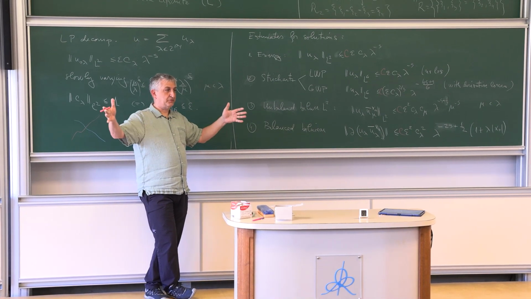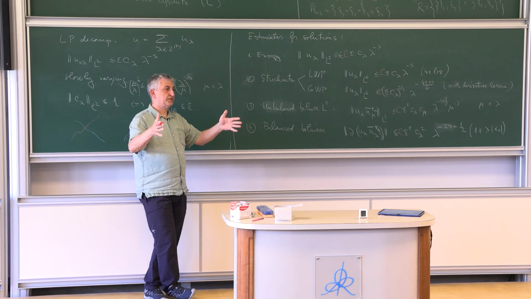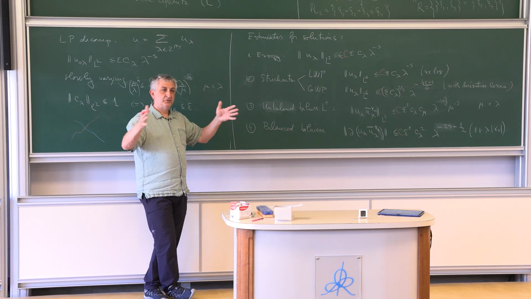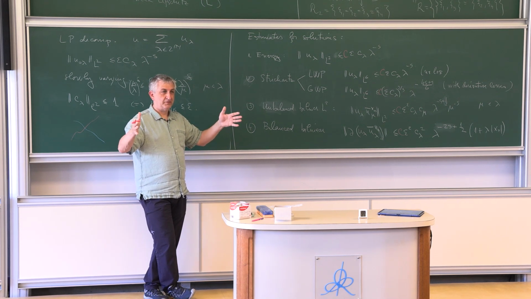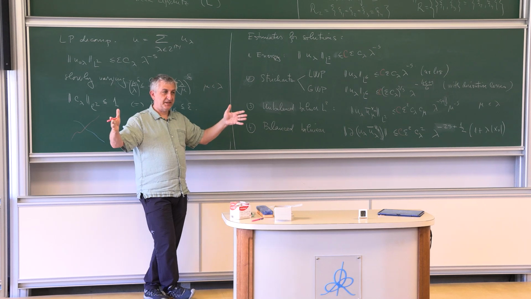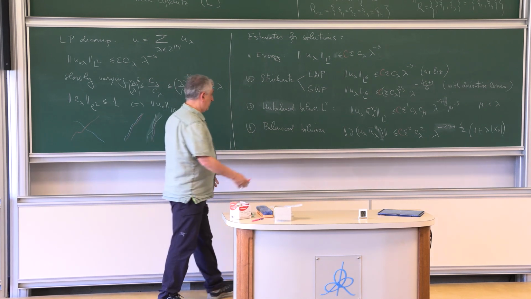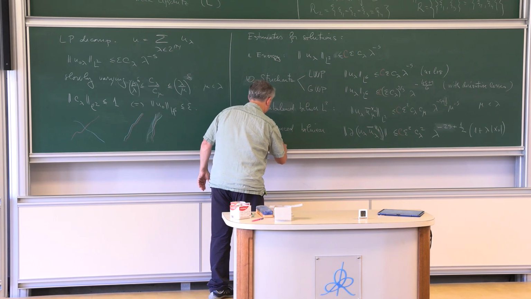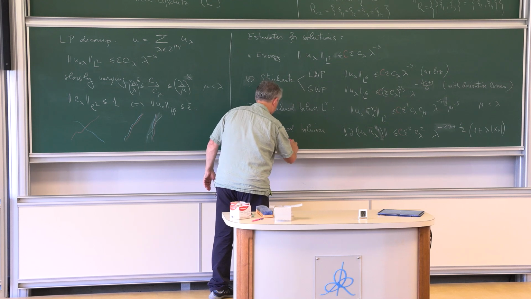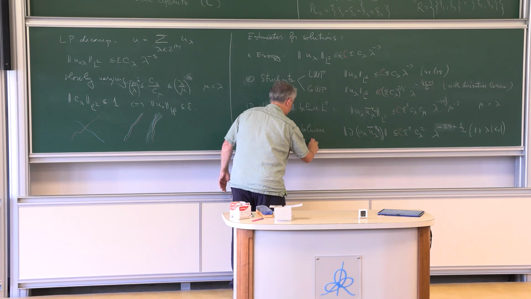And then if you want to get to infinity, or to whatever your local well-posedness time is, you need to do a continuity argument, right? You need to show that you can extend the time. And the way you extend the time on which Bootstrap holds is by using local well-posedness. So that's nothing fancy. So I should say here, Bootstrap plus continuity.